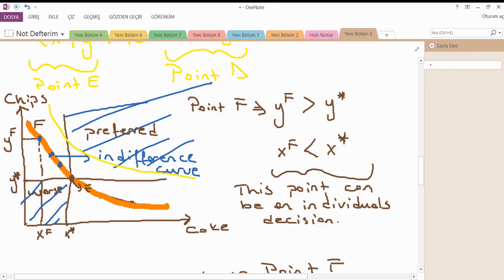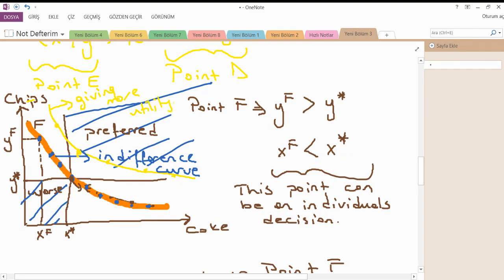If the consumer wants any combination of goods on this new indifference curve, he or she has to increase and change all the quantities of the bundles. This indifference curve is actually giving more utility.